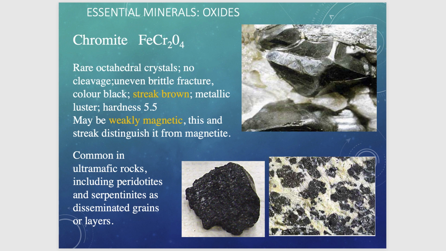The Bushveld complex is a big ultramafic intrusion, and these are often called orthomagmatic deposits because they are essentially forming by assimilation or accumulation of these oxides within layers of a magmatic chamber.